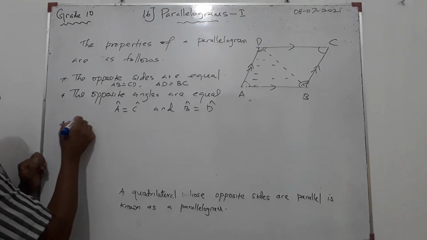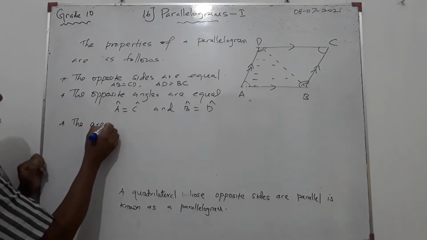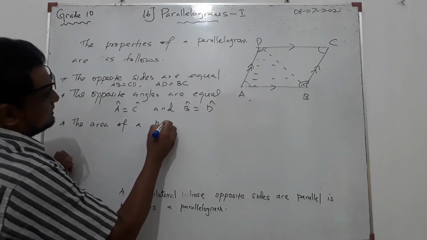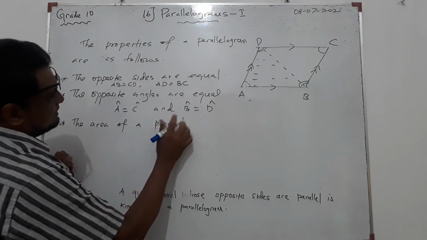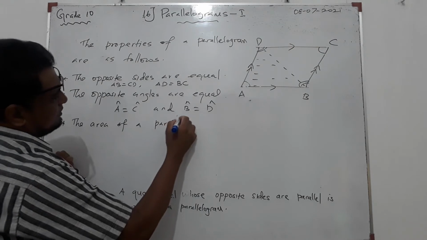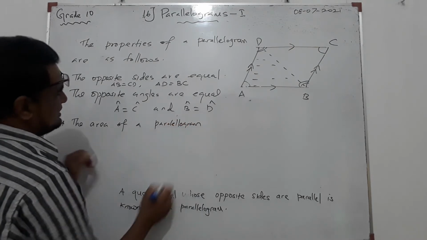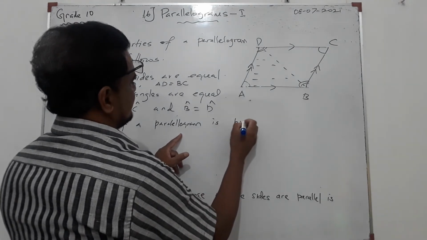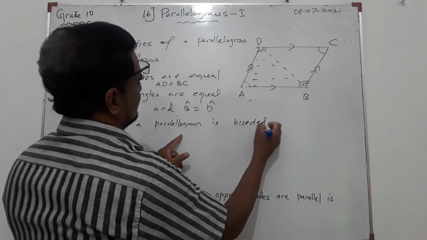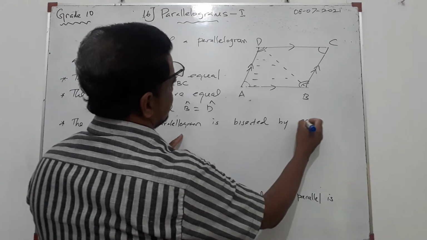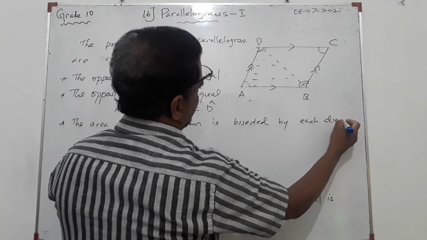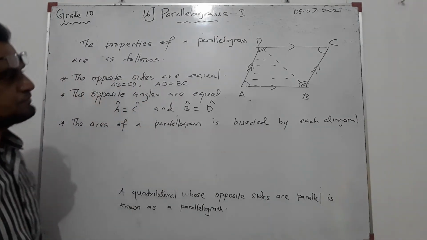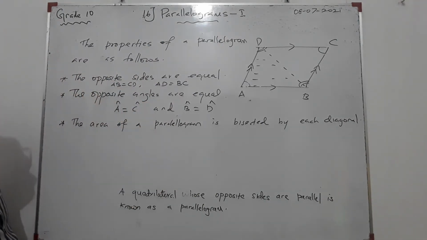The area of a parallelogram is bisected by each diagonal. That's one. Okay, write it down.